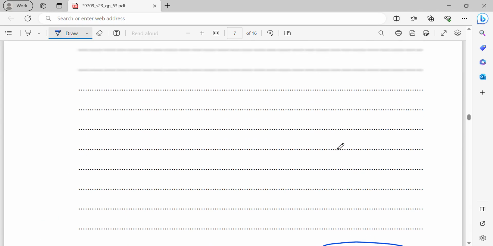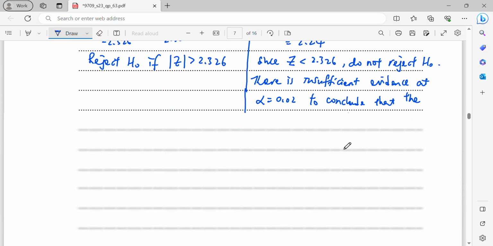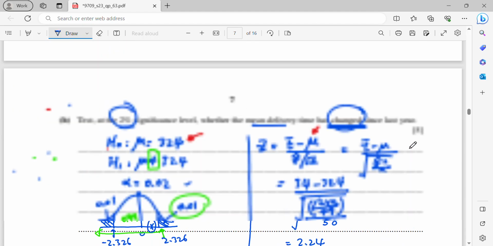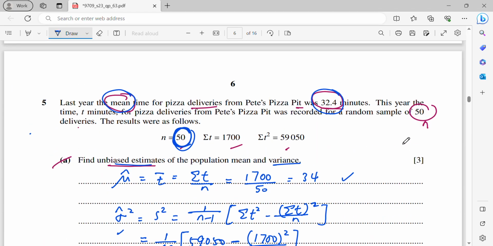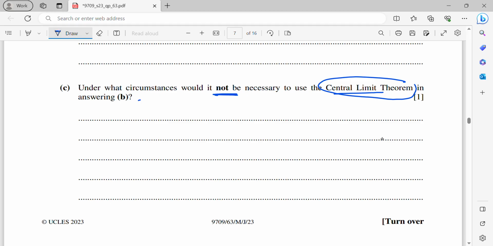As long as you know it is normal, we don't need to apply the central limit theorem. From the question here, it does not mention normally distributed. So it would not be necessary to apply this if the distribution of the delivery time is normal.